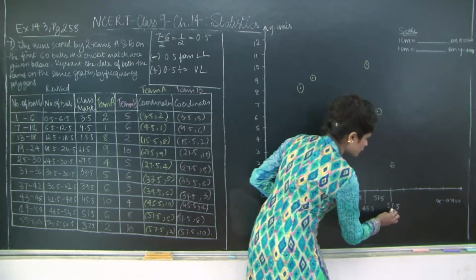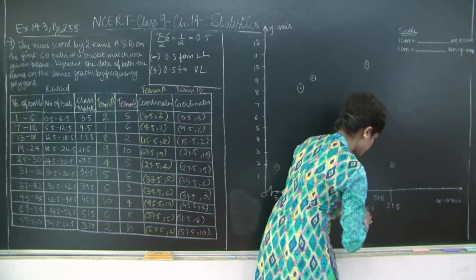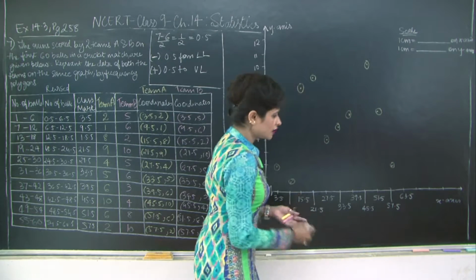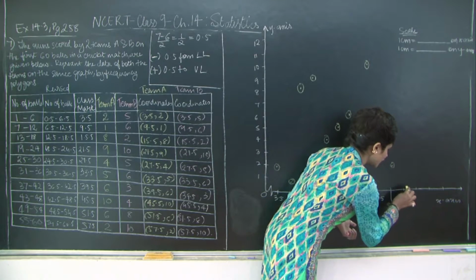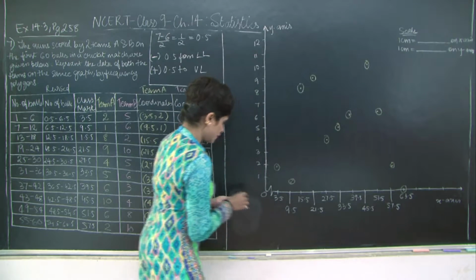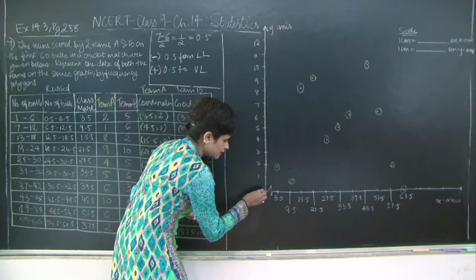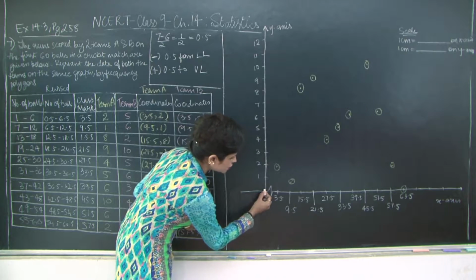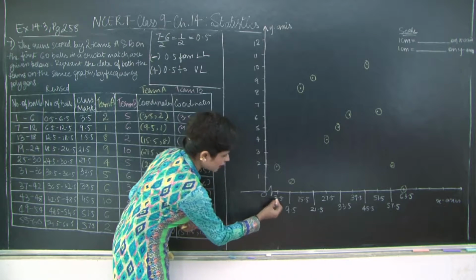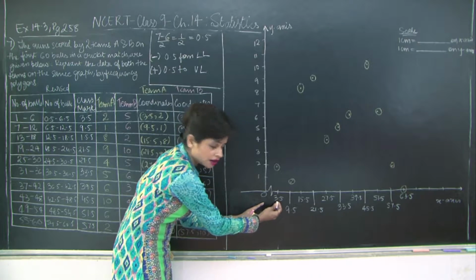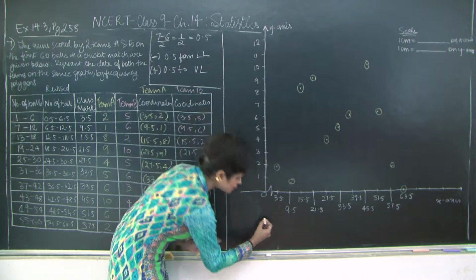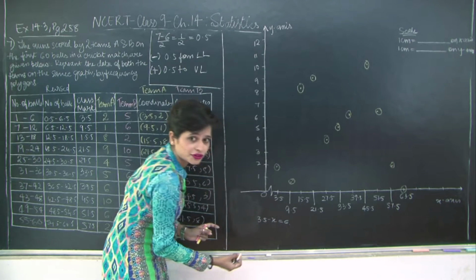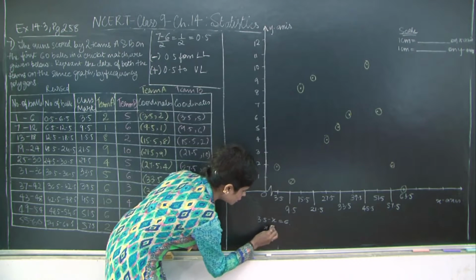So 57.5 plus 6 will give me 63.5. Okay, so we'll take this as the other point. And here as well, I'm going to extend backwards, so let's take a number that is 6 less than 3.5. So 3.5 minus 6, the difference should be 6.